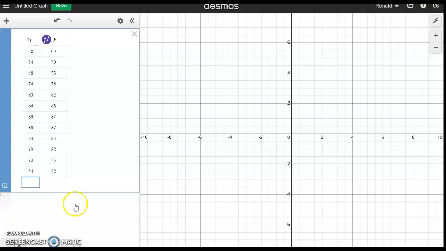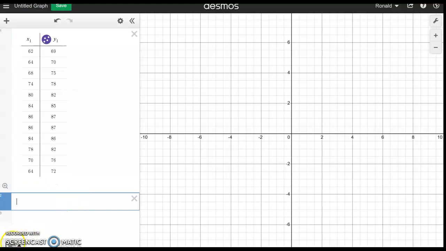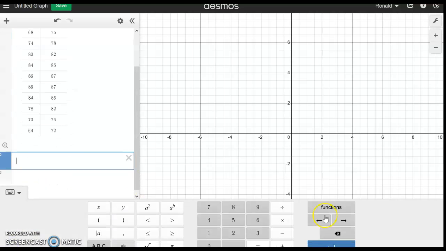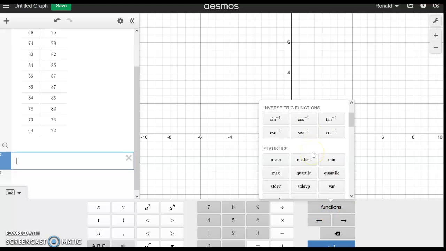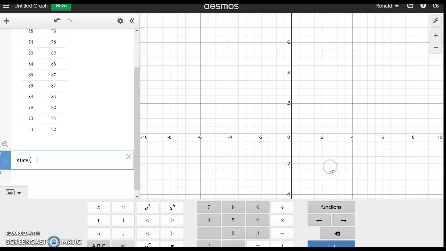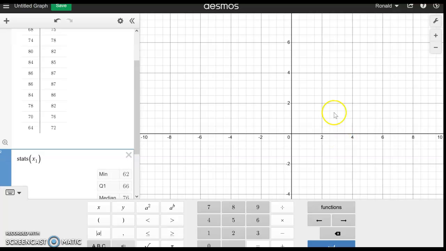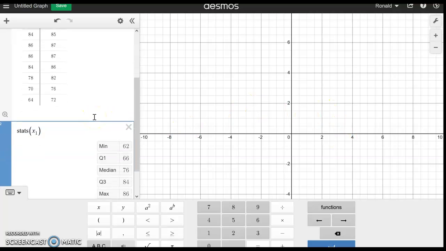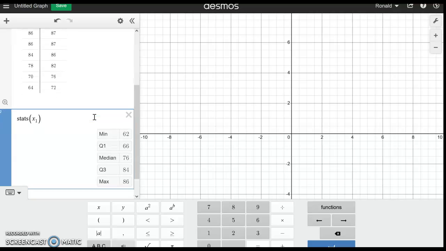So when you're going to enter here, you click the show keyboard, and the function. You will see there the stats. Click the stat, and then type X sub 1, and that will give you X, our St. Petersburg, so that gives you the minimum value.